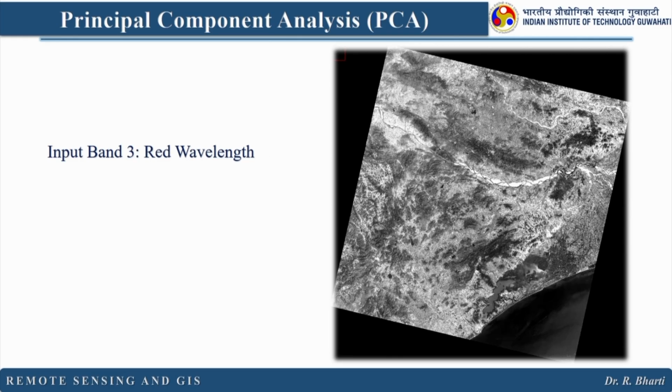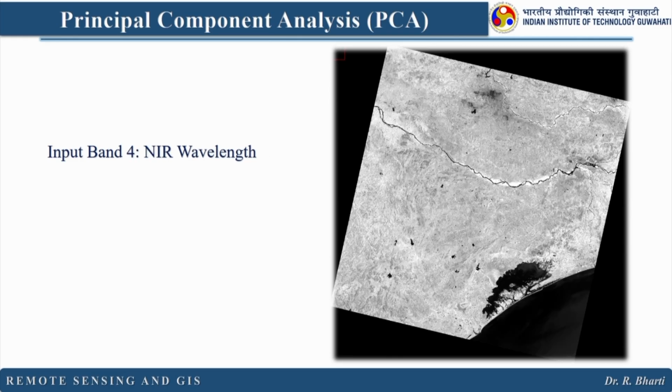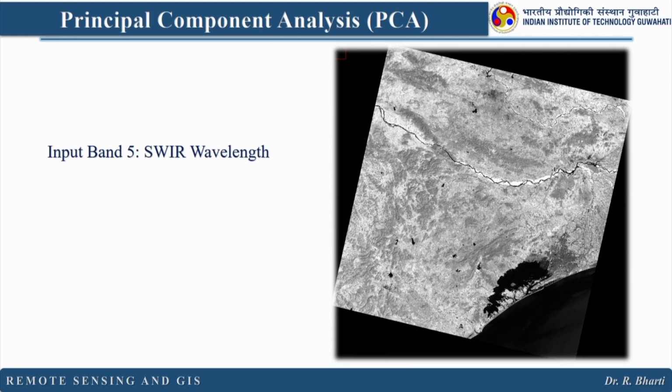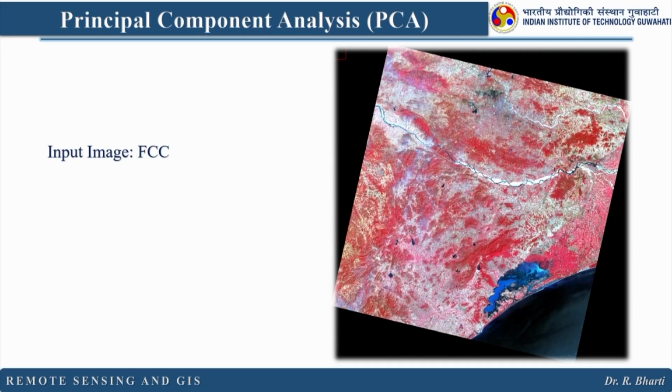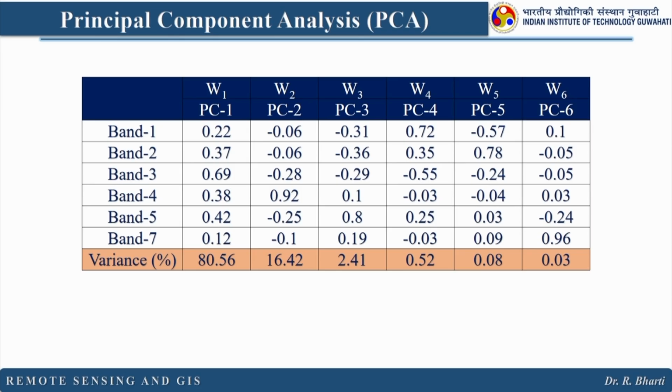So we will consider them as a matrix and apply PCA, and see how it works. This is the false color composite of the input data, and this is how the area looked. Now we have generated the eigenvalue and eigenvector matrix, and as we know, W1 is PC1 and this is the composition of weightage for PC1.